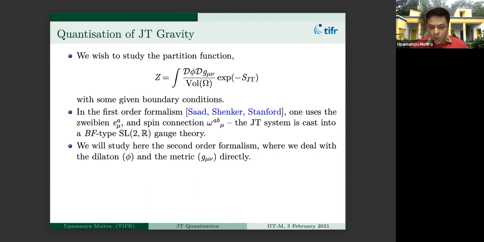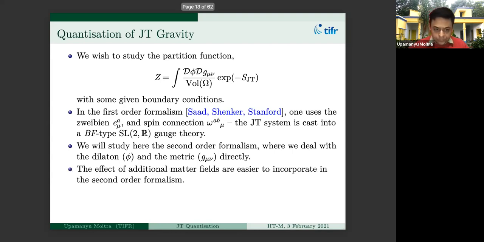So the question is, what advantage does it give over the first order formalism? The answers are obviously more than one. The first answer is that the effect of additional matter fields, which are interesting to study, is much easier to incorporate in the second order formalism, and is somewhat obscure in the first order formalism. One loses, for example, the elegant mathematical structure when one introduces a generic matter.